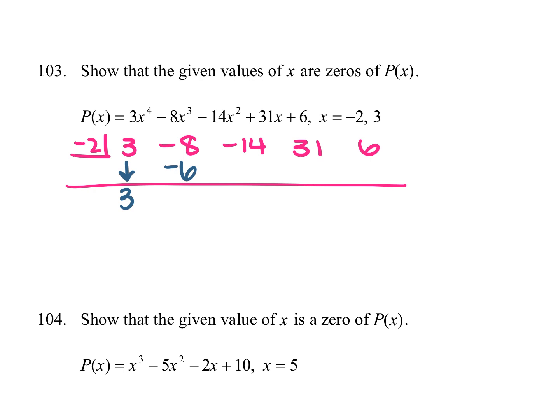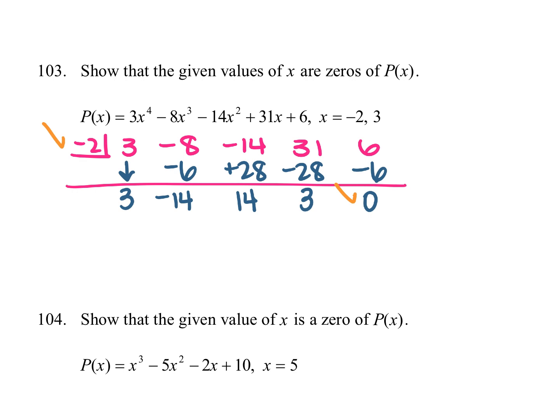Negative 8 minus 6 gives us negative 14. Times negative 2 is 28. Minus 14 is 14. Times negative 2 is negative 28. 31 minus 28 gives us 3. Times negative 2 is negative 6. That gives us 0. We're looking for the 0. So yes, that negative 2 is a 0.